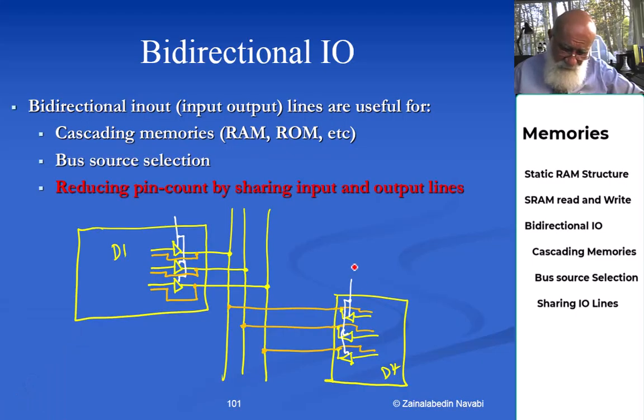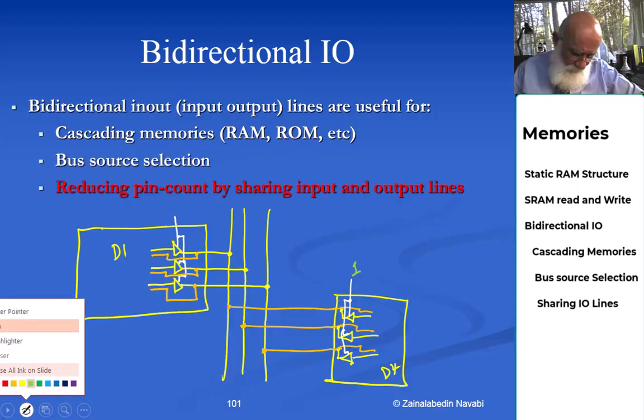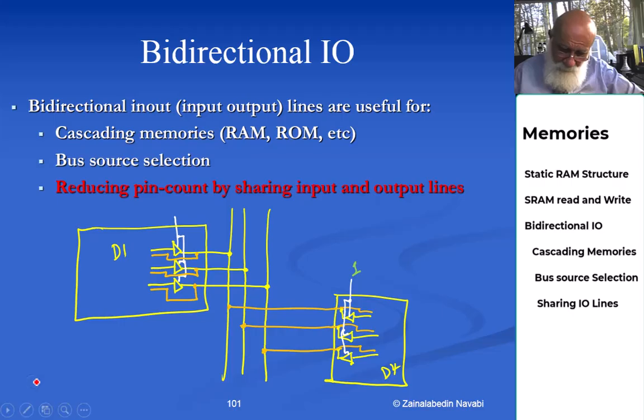If this becomes 1, then data will come from the inside of device 4 through this onto the bus.